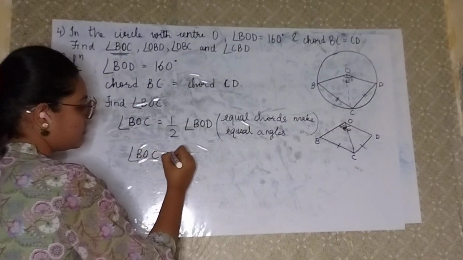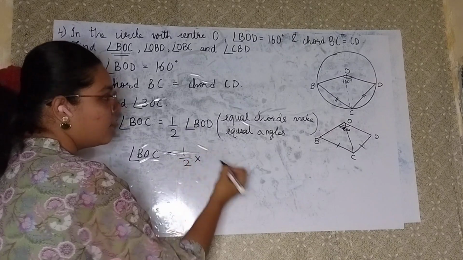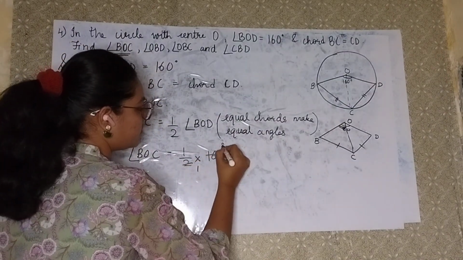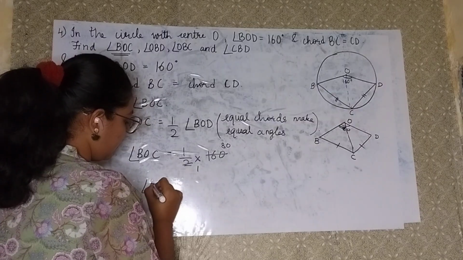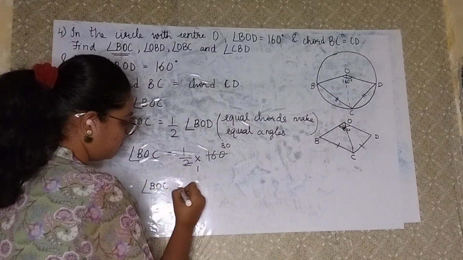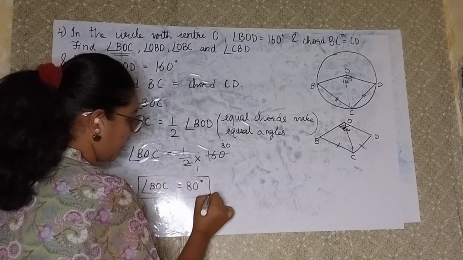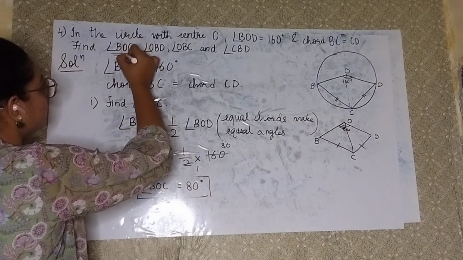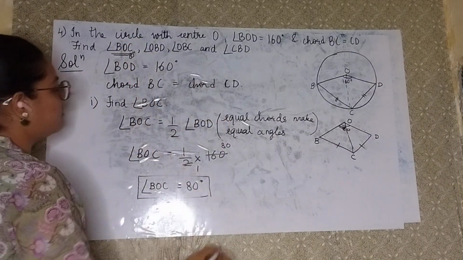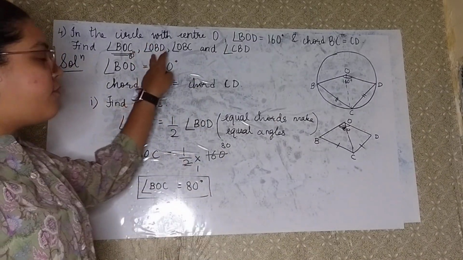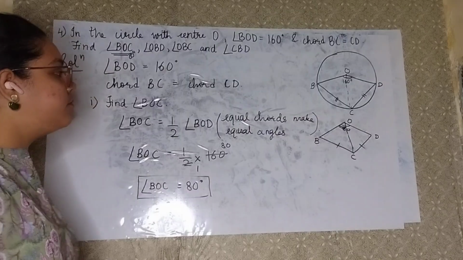BOC is equal to half of 160. BOC will be 80 degrees. So I got angle BOC as 80 degrees. This is 80 degrees over here. Next we want to find angle OBD.